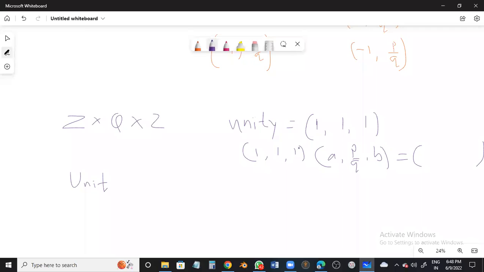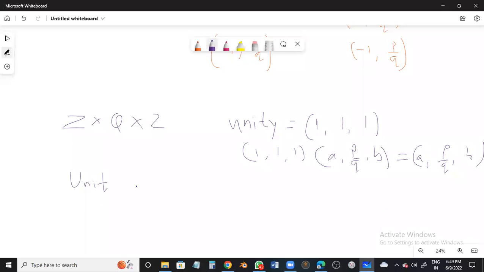First place multiplied to first place, 1 into A. Second place to second place, so the second place will be P by Q. And the third place as well. So you are getting triplet into triplet. You got back the original triplet. So 1, 1, 1 plays the role of unity.